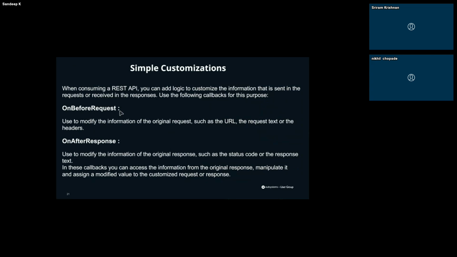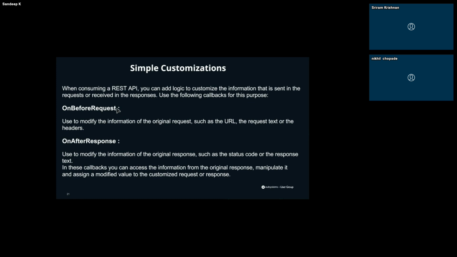So as we discussed, you can see the original URL, or if you want to dynamically pass the URL, you can append it, or you can concatenate the URL. And if you are using any OAuth mechanism, you can use the get token API inside this on before request, and you can pass the token to the subsequent APIs.